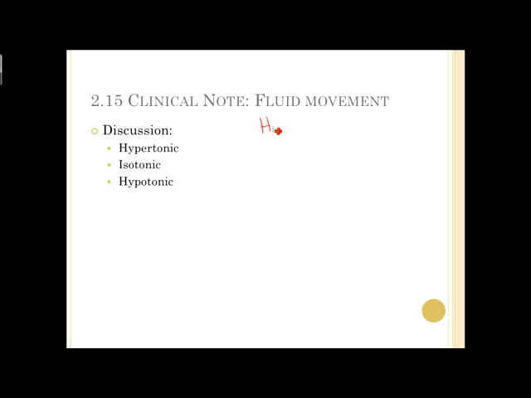Last but not least is going to be our hypotonic solution. And the hypotonic solution is way thin as far as molecular weight goes. So since it's thin, which way is it going to move, as far as the weight goes?